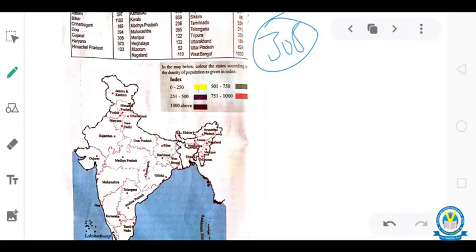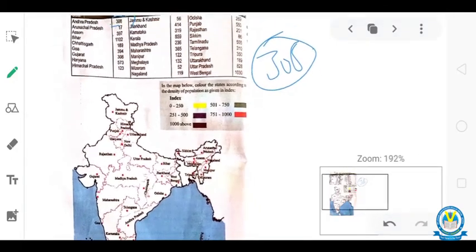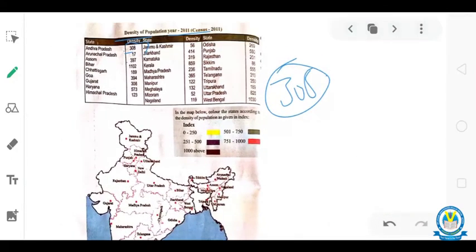The color of states according to the density of the population is given. Suppose if the population is 0 to 250, it can be shown in yellow color. Here, for example, I can take Andhra Pradesh. The density of the population of Andhra Pradesh is 308. 308 means above 250, so it falls in 251 to 500.